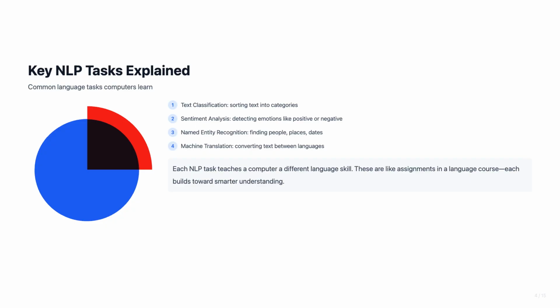Then there's named entity recognition, which spots and labels important bits like names, cities, or dates in a sentence. Finally, machine translation turns text from one language to another, like Google Translate. These tasks are the building blocks of smart language apps. Together, they help computers go beyond keywords and grasp real meaning.